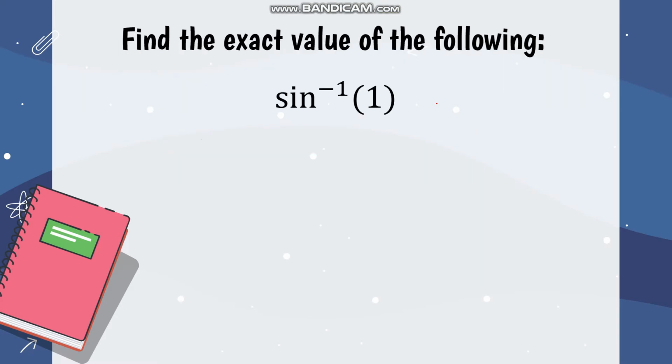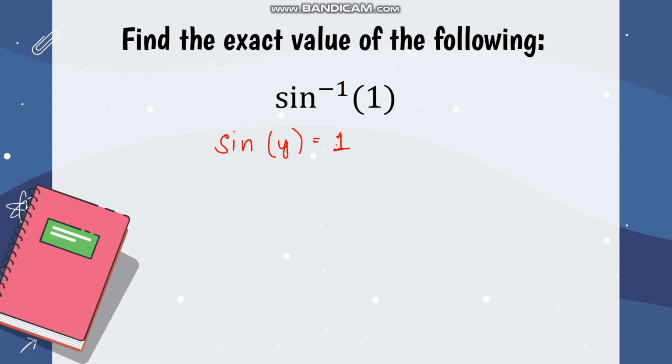Sine inverse of 1, or arc sine 1. Remember, if we are dealing with an inverse, that means we are going to identify what angle will give us the sine of 1. So we can write it like this, wherein y is the angle that we're looking for. What angle will give us the sine of 1?